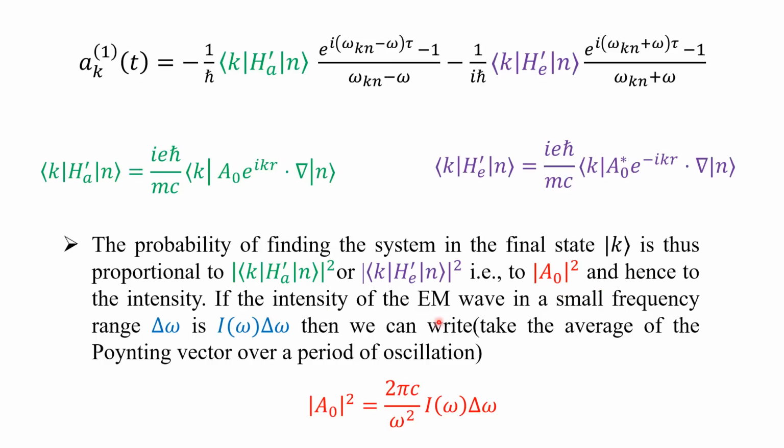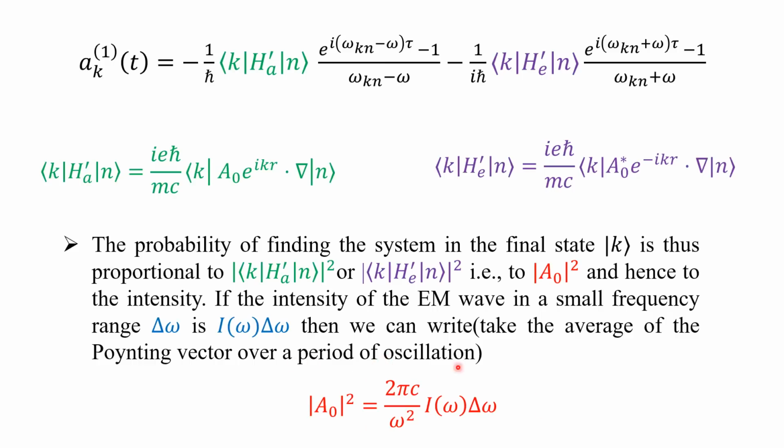If the intensity of the EM wave in a small frequency range delta omega is represented as I(omega) delta omega, then we take the average of the Poynting energy over the period of oscillation.